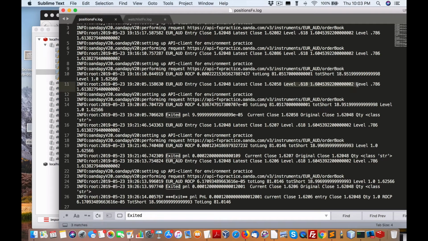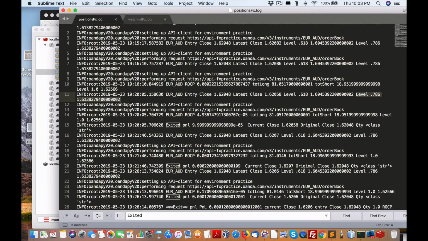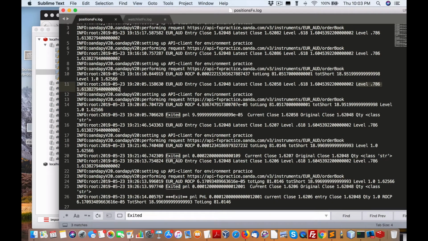Yeah, that's the entry, and then 786 is what we're shooting for as our first leg of the exit. We also track the average ROCP as well. So that's what we're tracking in these two logs.